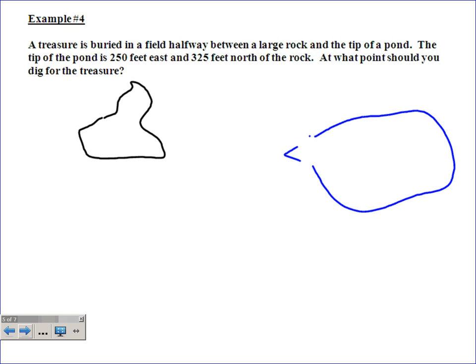Okay, and it's somewhere halfway between, so if I was to draw this on here, here's the rock, here's this thing, we're probably looking for the midpoint right about there. Oh yeah, it's a treasure, right? So like, X marks the spot. Okay, got it. Keep reading.